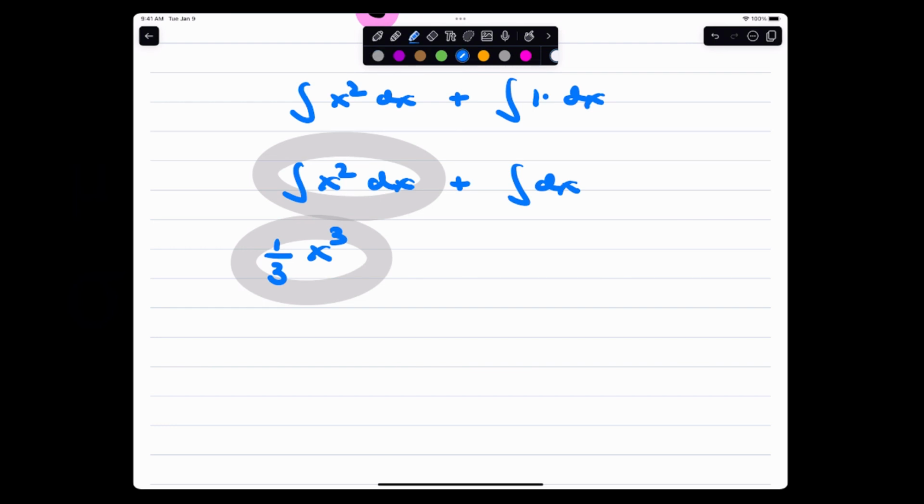And then by properties, what happened? This is plus what? x, because we just integrated that x. And then you say, do I just put plus a c? Yeah, you can put plus c, constant.